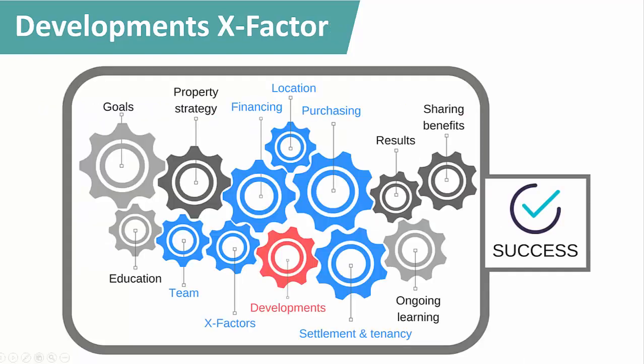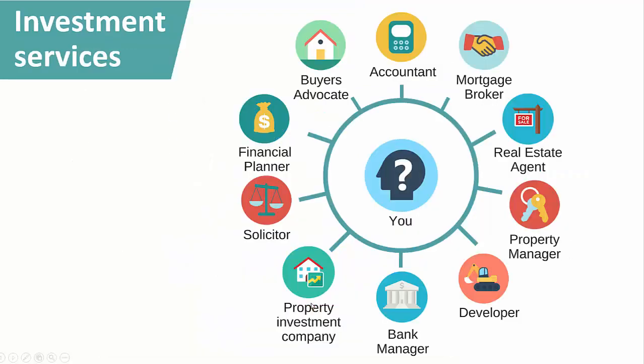So you can see here, you would have seen this image on previous videos, but now it's got all those other interacting systems of research and business systems that go towards taking the risk out of getting the result on your property. But now we've got the one in red as well, being developments.